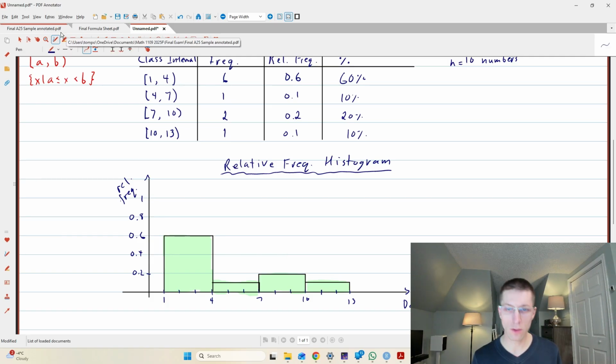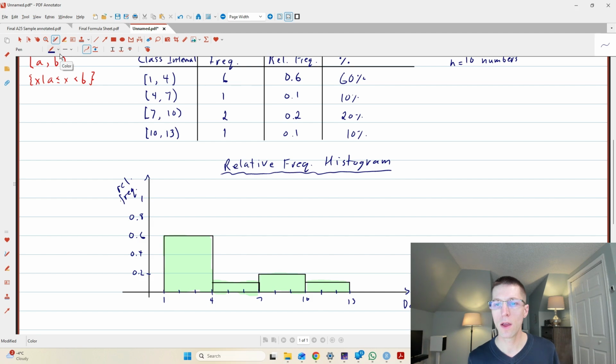Okay, and part B says to determine if it's positively skewed or negatively skewed or symmetric. Here you can see that more of the data is on the left. So there are extreme points in the right tail that are going to inflate the mean.